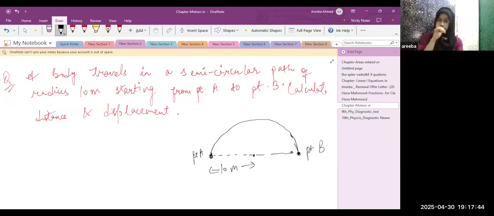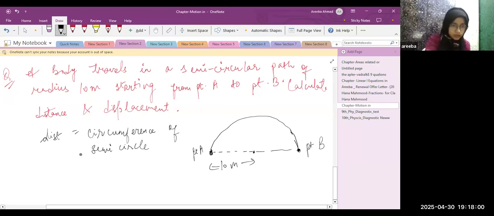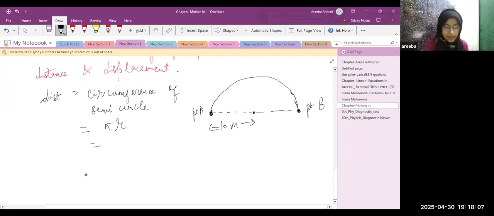Pi r. Yes, excellent. So the distance will be equal to the circumference of semicircle, which is pi into r. Put the value and calculate it.